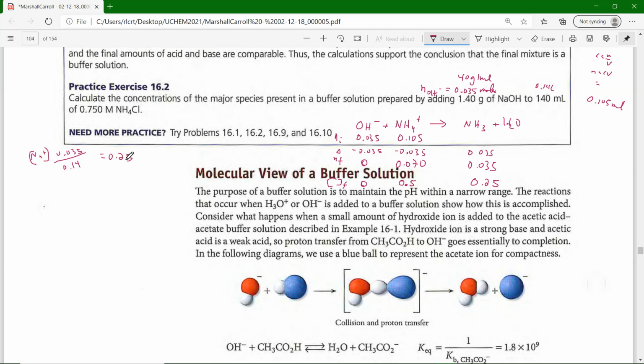I'm so used to doing ICE diagrams with equilibrium, and this one wasn't an ICE diagram, it was a mole table, and that's why I got tripped up. But I saved the day, I think. So NH3 is 0.25 molar, NH4 plus is 0.5 molar, good, and Cl minus is 0.75 molar. Oh yeah, I guess we didn't talk about that, did we? But that's also swimming around, the Cl minus 0.75 moles per liter.